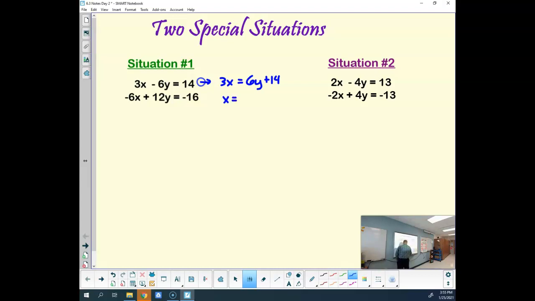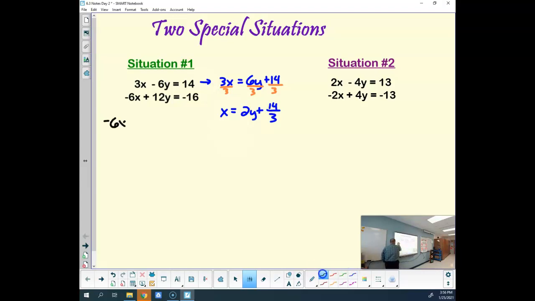We would get x equals 2y plus 14 thirds. That's fine. We can handle that. We're okay with it, even though it's a fraction. And then we're going to put that into the other equation.